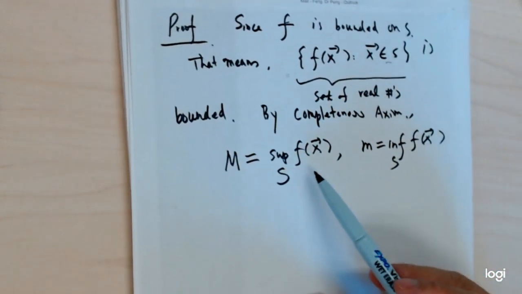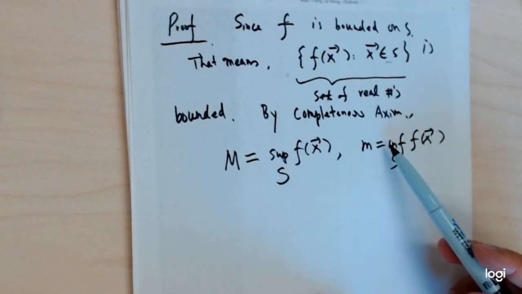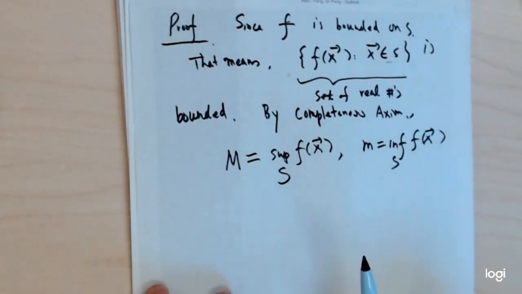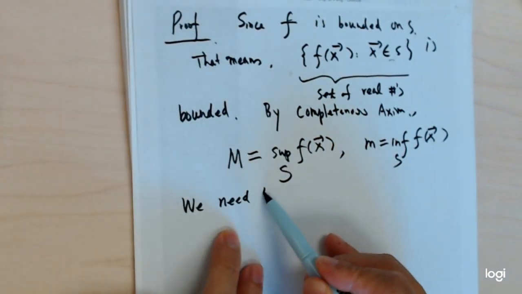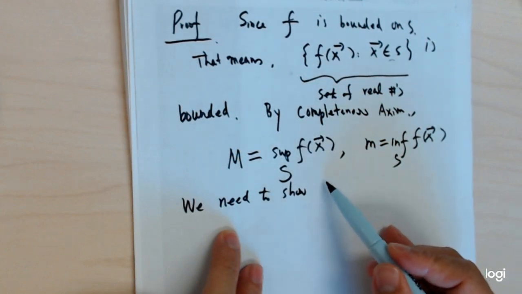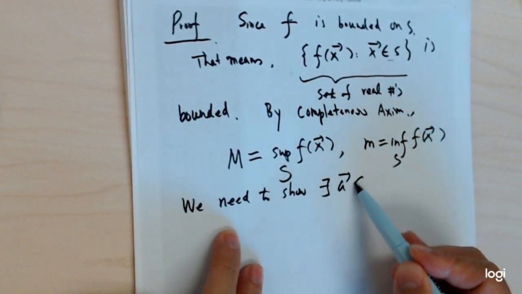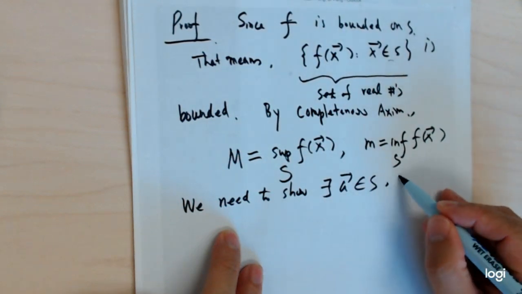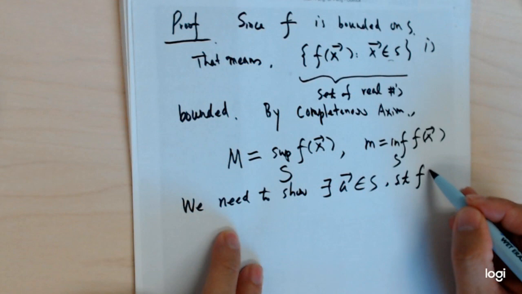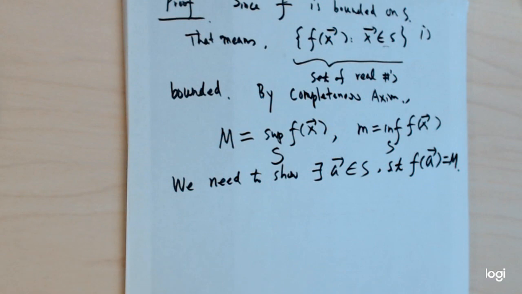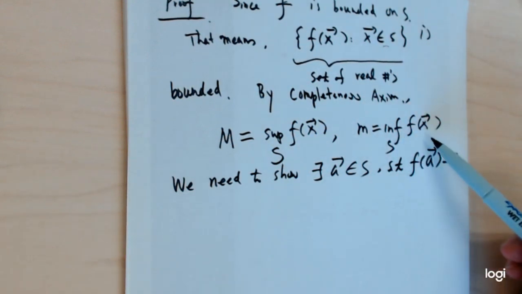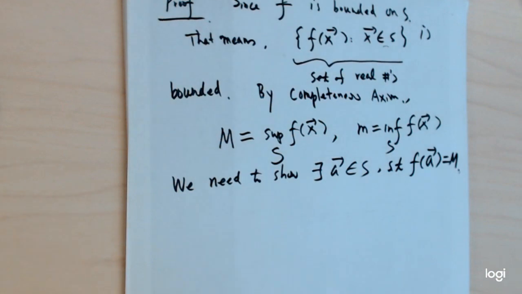We just need to show that the supremum and infimum are achieved in S. So here's our goal: we need to show that there is a point that's actually in S such that the function's value at that point equals the supremum, equals M. Same story for the infimum.